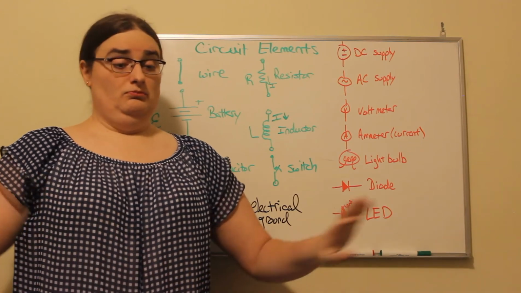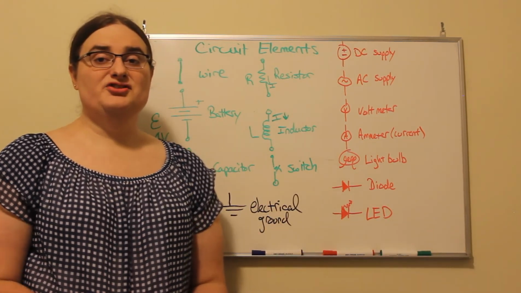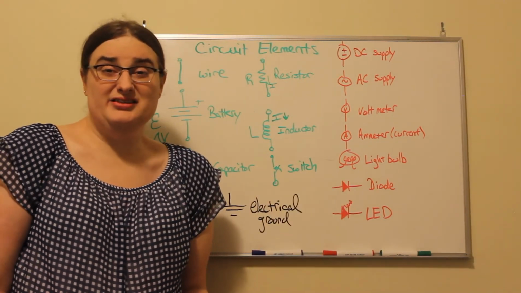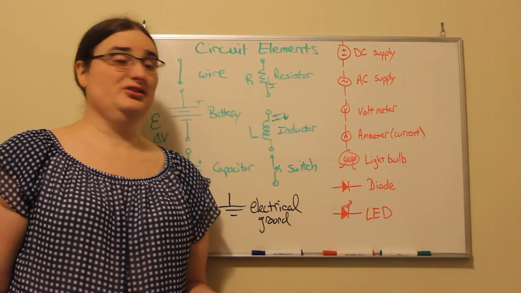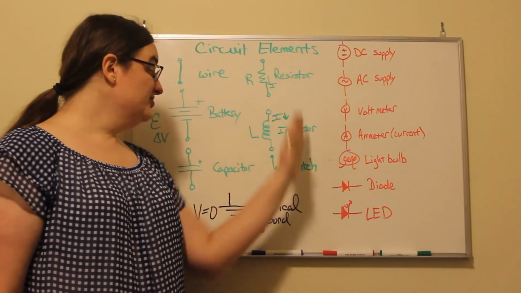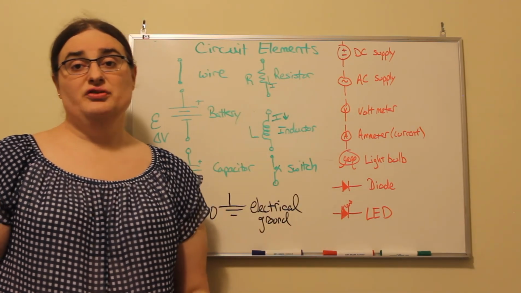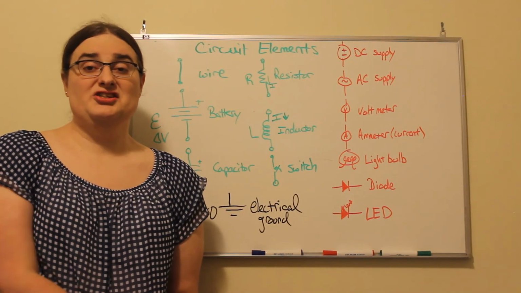There are many other circuit elements that you might run into. We haven't even talked about an element made up of many diode junctions, a transistor. But the six that I highlighted over here are the big six for physics and what we're doing this semester.